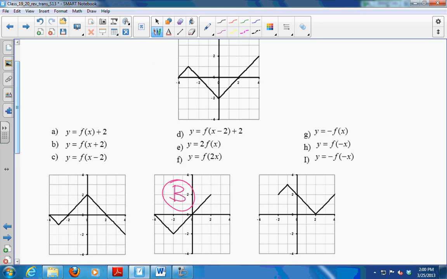And for C, I have y equals f of the quantity x minus 2. So this time I'm subtracting 2 from x. So what kind of transformation will that cause? Horizontal to the right 2 units. So pick a few key points here, move them all to the right 2.